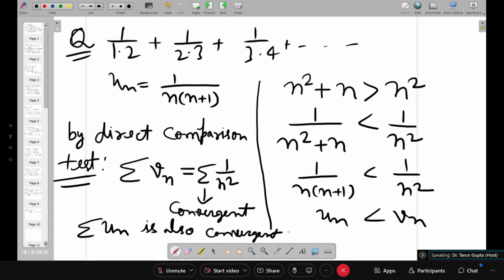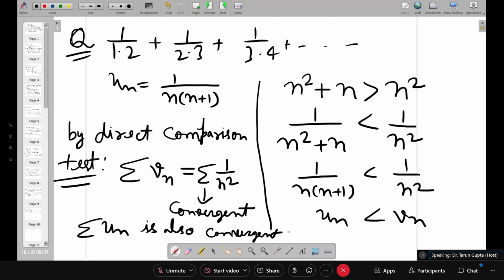So the main thing is, whatever series is given, you find out the nth term. Now you find either a Vn sequence such that Un is less than Vn, or a Vn such that Un is greater than Vn. Two cases are there.